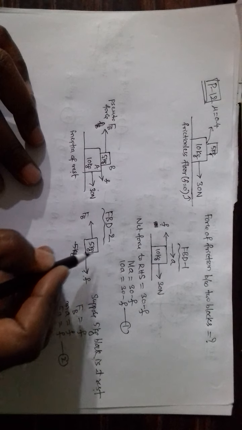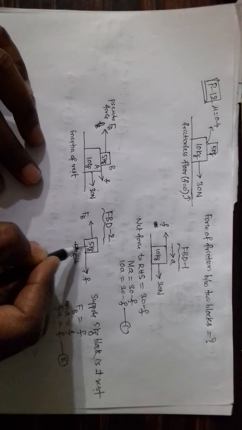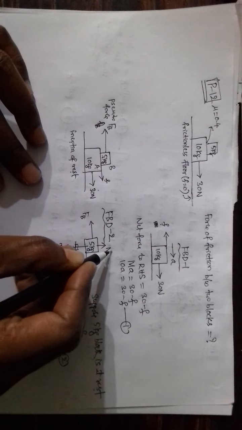So this is the second equation. Now on this 5 kg mass, gravitational force is working and upward normal reaction is working.